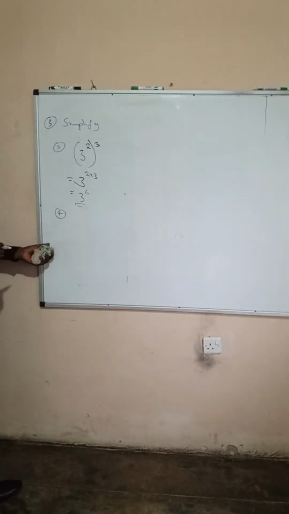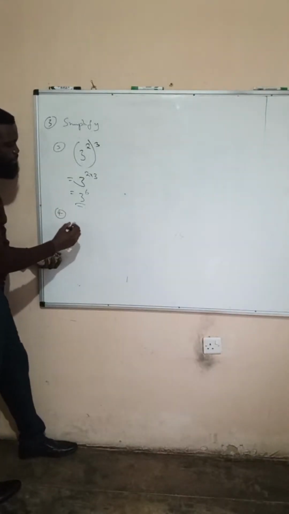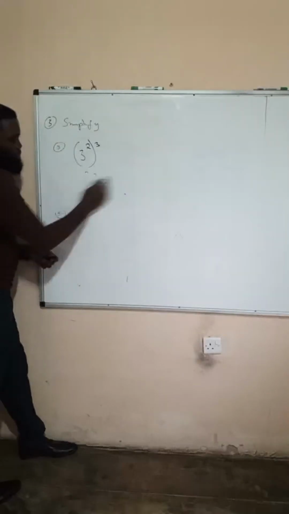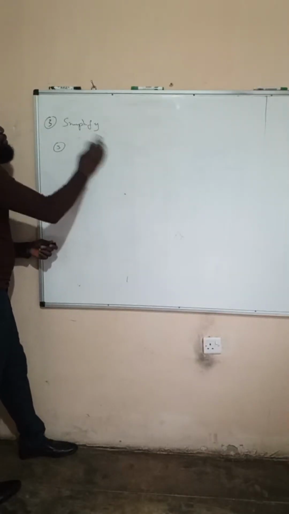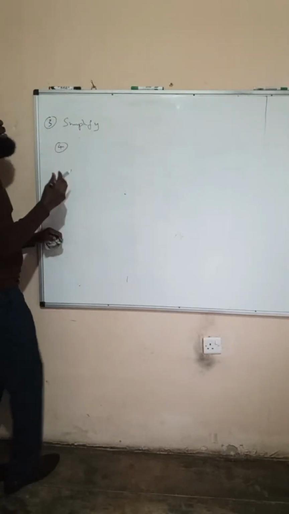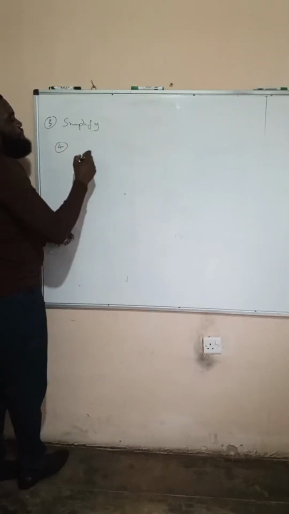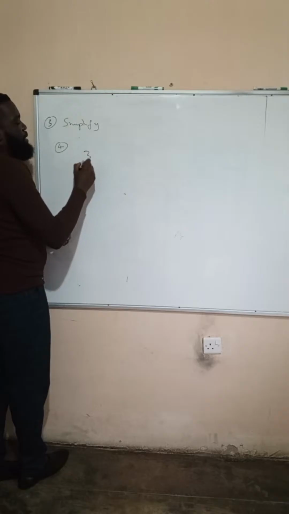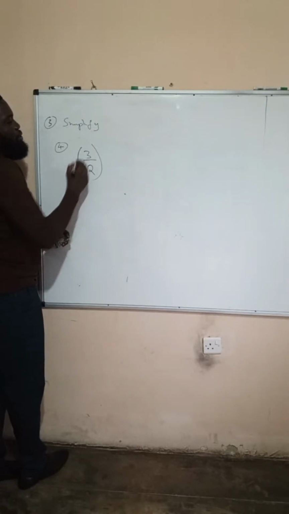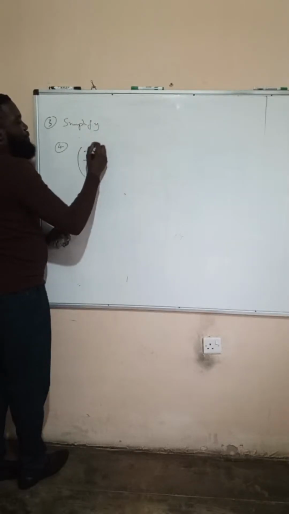Example 4. What about if they give you, okay, I'll wrap this because of space. I write example 4 here. What about if they give you something like 3 over 2 in closed brackets to the power 3.